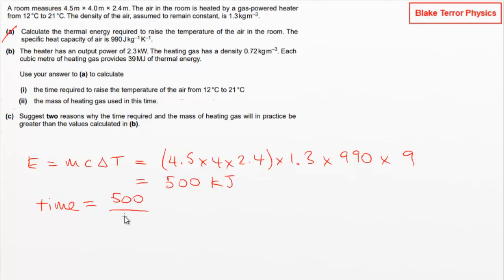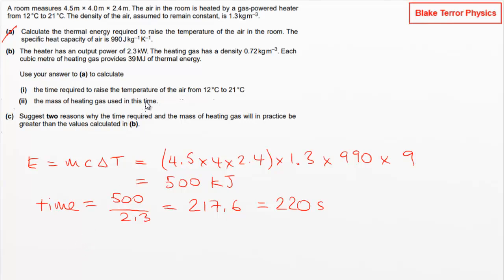We can ignore the kilos then and just divide by 2.3, which gives 217.56 seconds. So 217.6, and we're doing two significant figures by the look of it. So 220 seconds.